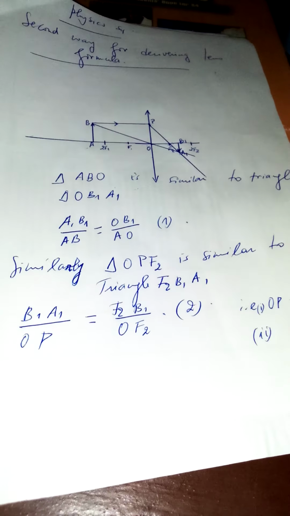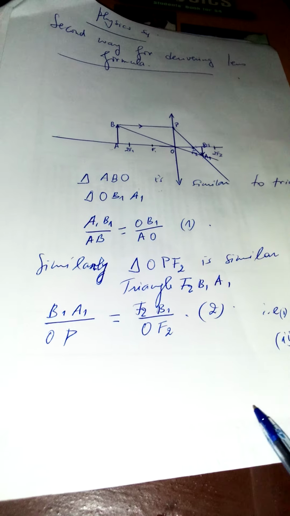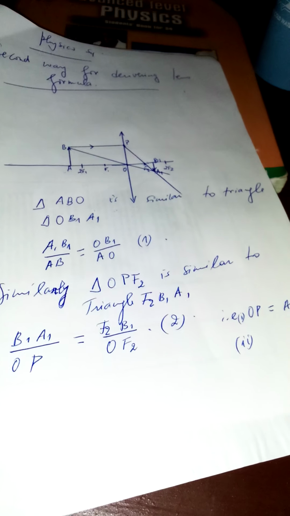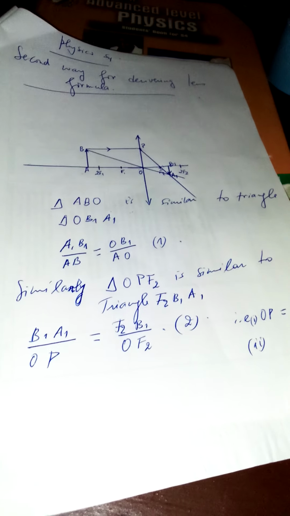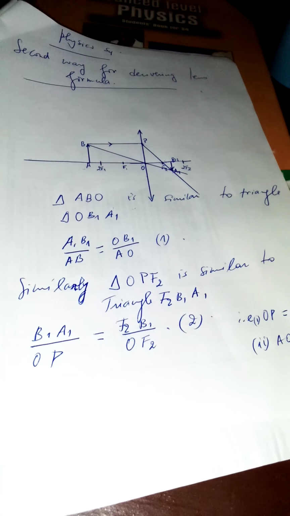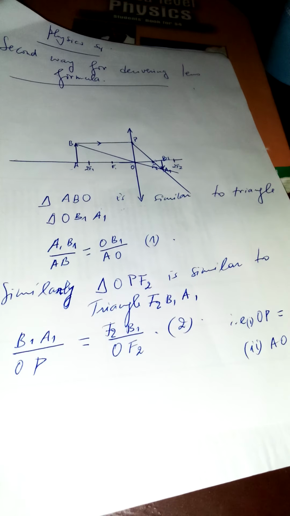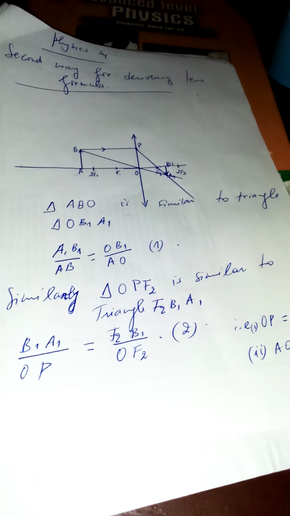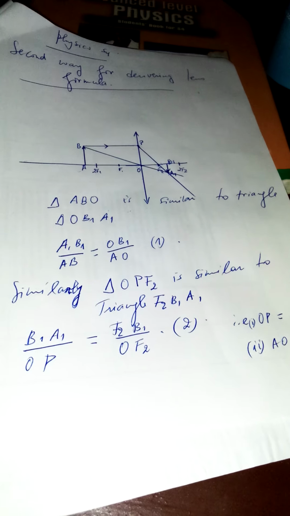Second assumption: from here to here, from A to O, it is the distance of the object, AO, which is equal to the object distance, and it is noted by the letter U.